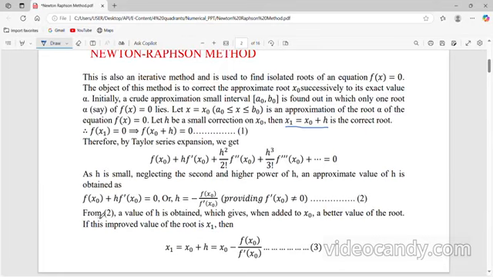From equation 2, a value of h is obtained, which gives, when added to x0, a better value of the root. If this improved value of the root is x1, then x1 = x0 + h, so x1 = x0 - f(x0)/f'(x0). This is equation 3.